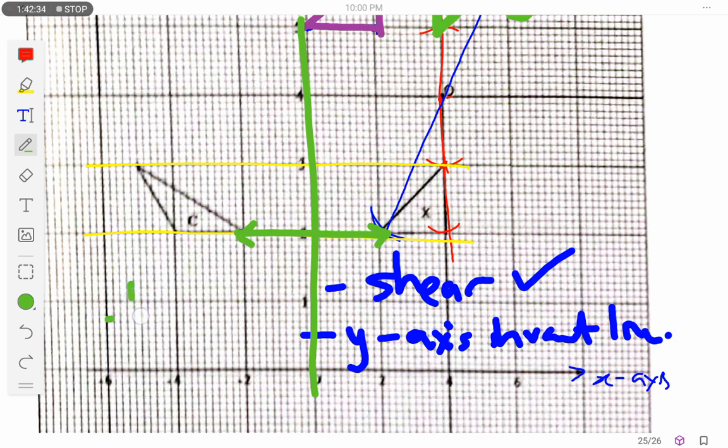So it's 1 over 1. But because it's going to the negative side, the opposite side of the y-axis, it will be negative. So in other words, our scale factor is -1. Even if you take this one here, it's 2 there, then it's going this side again. You find out it's the same distance. So it will be a -1 there.